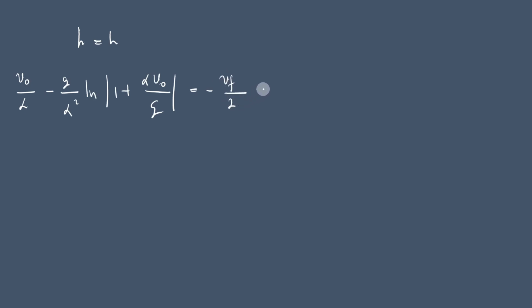So h and h in the first and second equations: v0 divided by alpha minus g divided by alpha squared ln(1 plus alpha v0 divided by g) equals, in the second equation, on the right side, minus vf divided by alpha minus g divided by alpha squared times ln(1 minus alpha vf divided by g). And we can move this term from the right side to the left side.